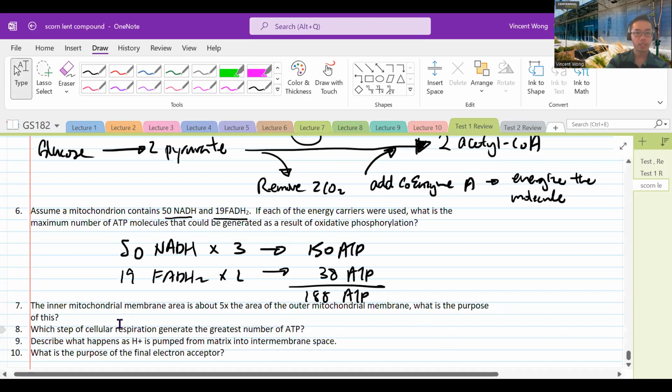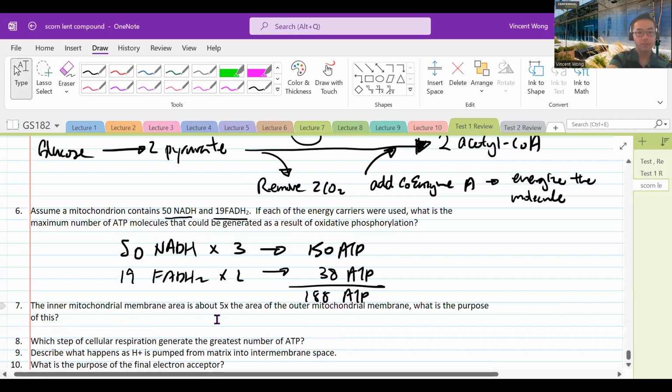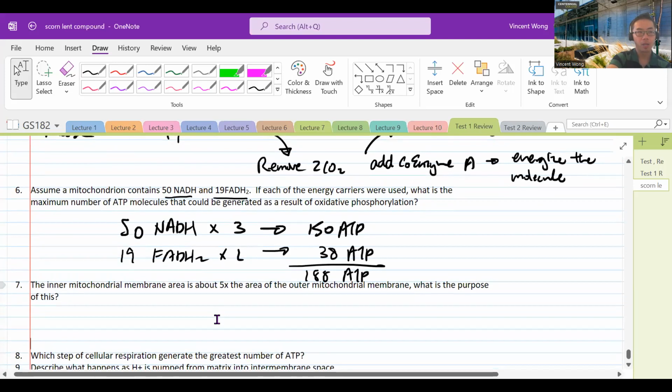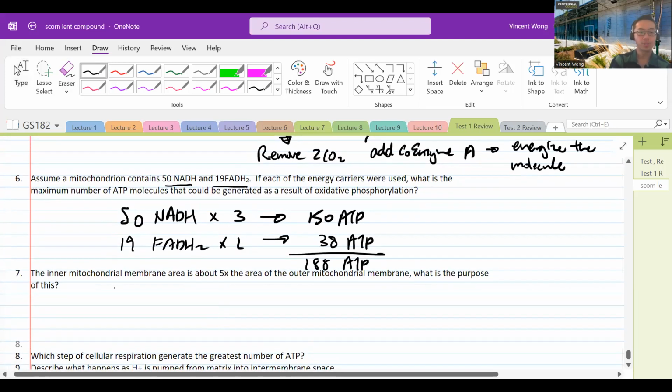Next question. The inner mitochondrial membrane area is 5 times the area of the outer membrane. What is the purpose of this? Well, the inner mitochondrial membrane is where you have the ETC embedded, right? So by having a higher area, you are able to embed more ETCs.